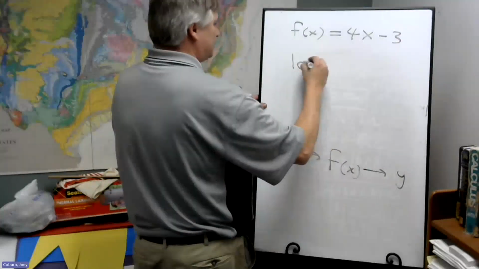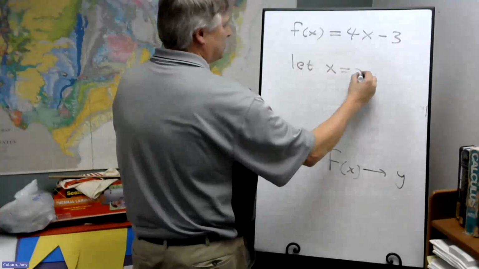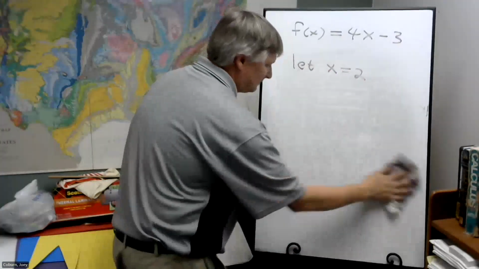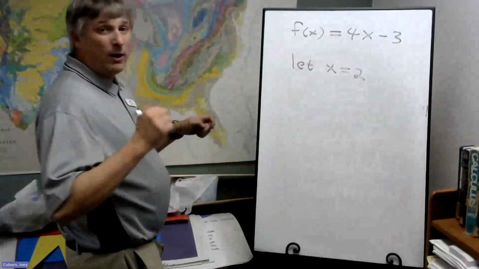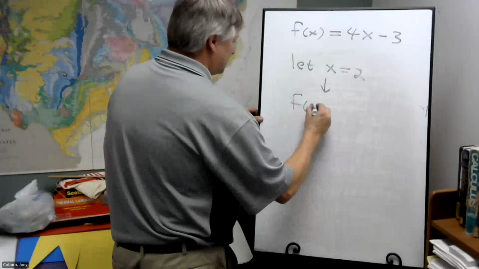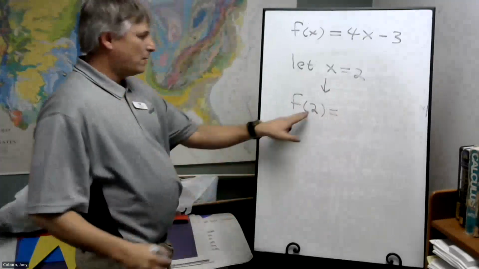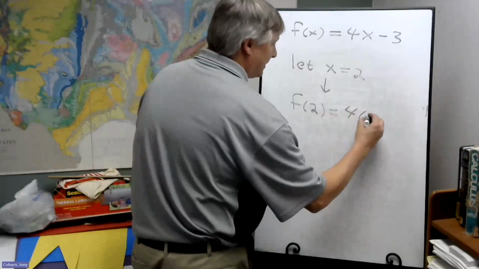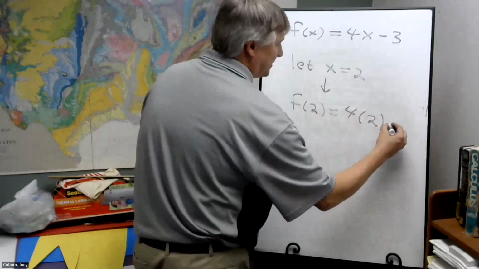Well, let's suppose we choose x is 2. So what this means is we're going to feed to this factory 2. What will this factory do to the number 2? It'll multiply it by 4 and then subtract 3.